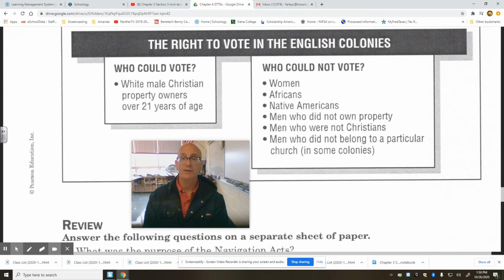And some men that did not belong to a particular church in some colonies could not vote at all.